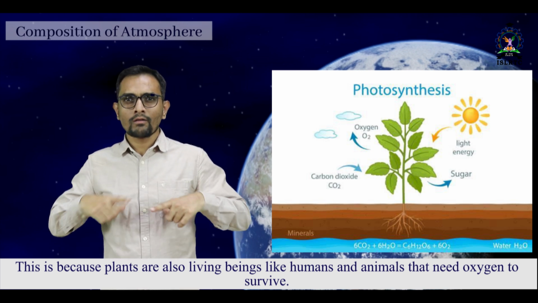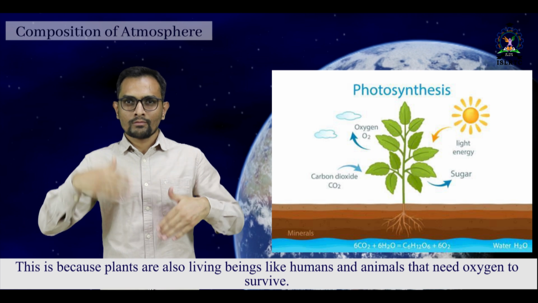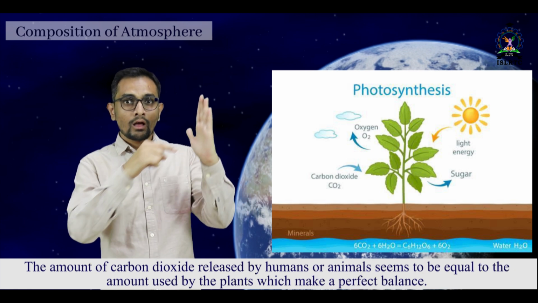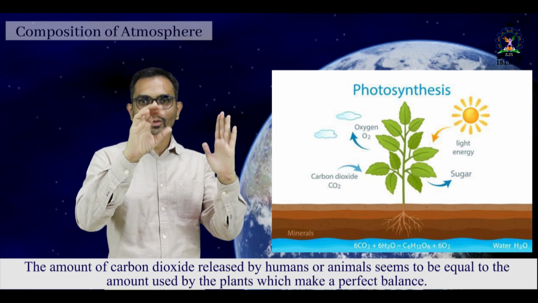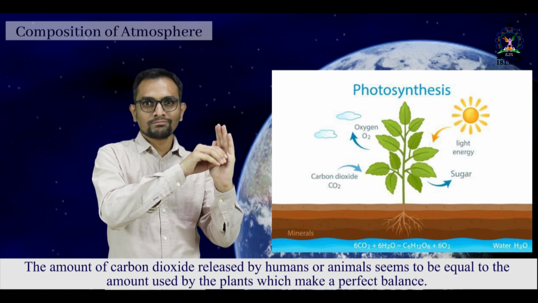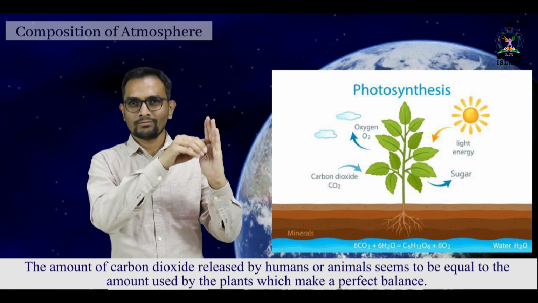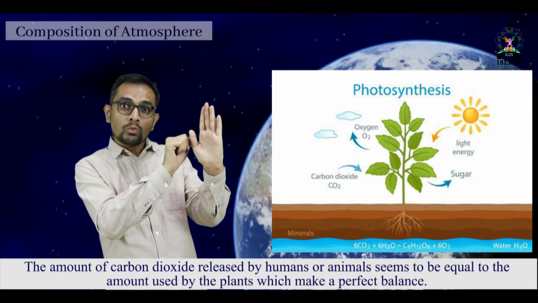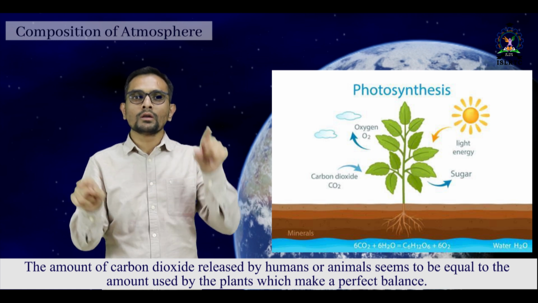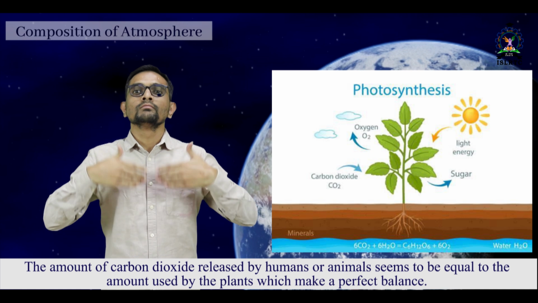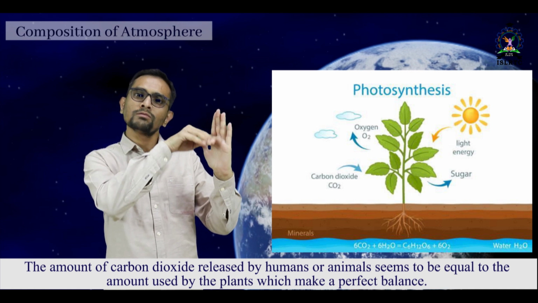Like humans and animals, they need oxygen to survive. The amount of carbon dioxide released by humans or animals seems to be equal to the amount used by the plants, which makes a perfect balance.